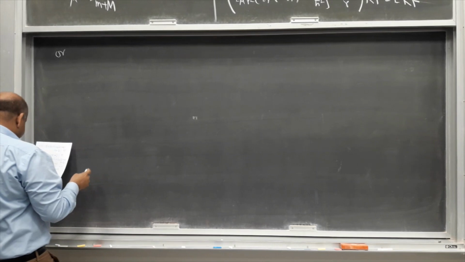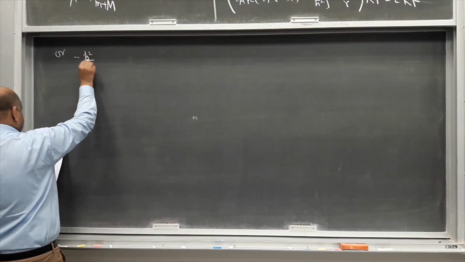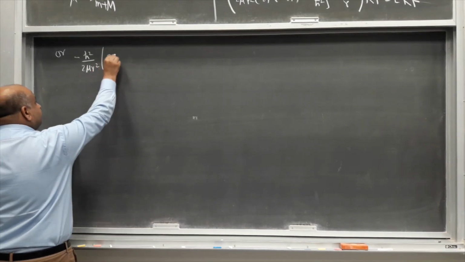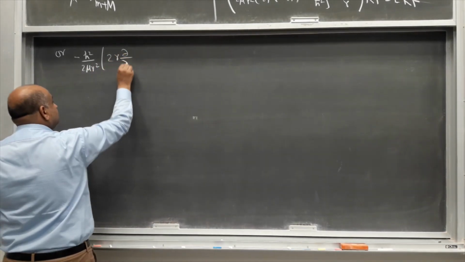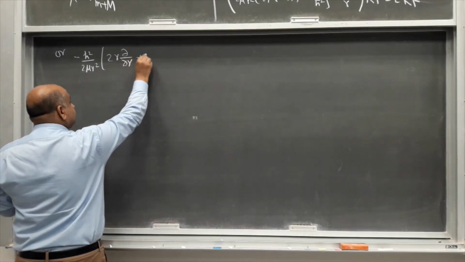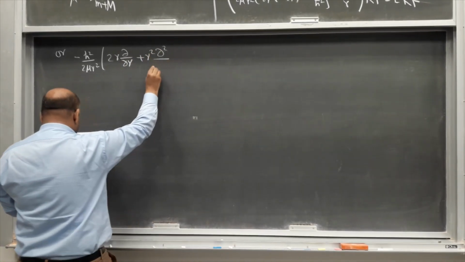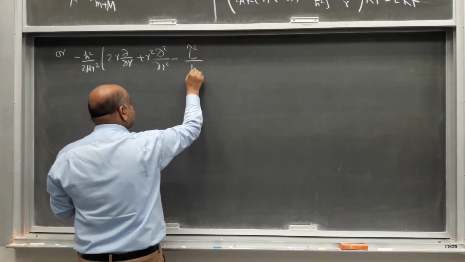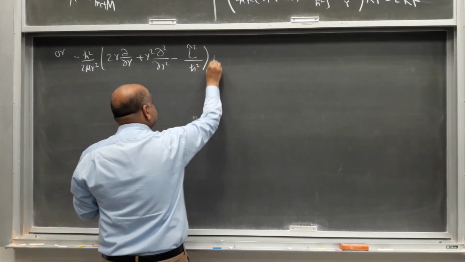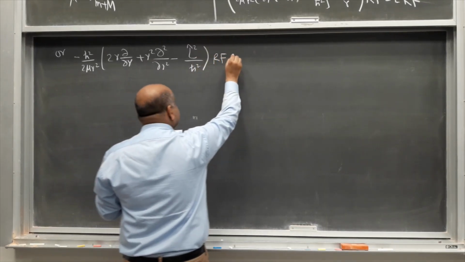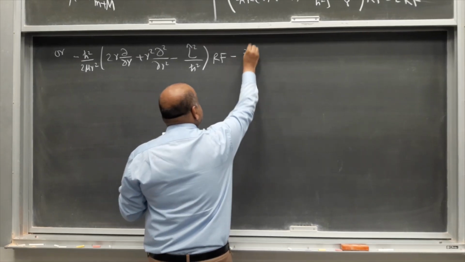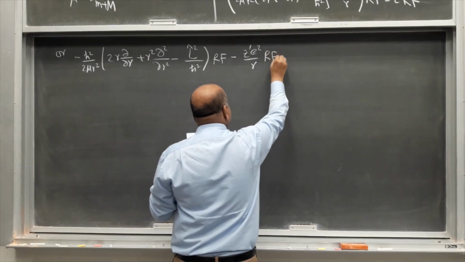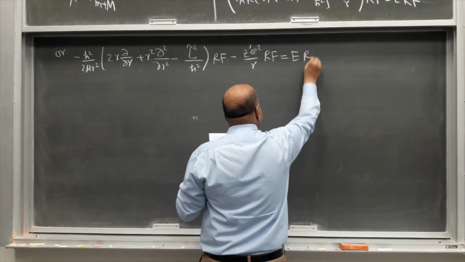So I can open the partial with partial r operator, and we get 2r partial with partial r plus r square partial square with partial r square, minus L square over h bar square, R f, minus z dash e square over r R f, equal to E R f.